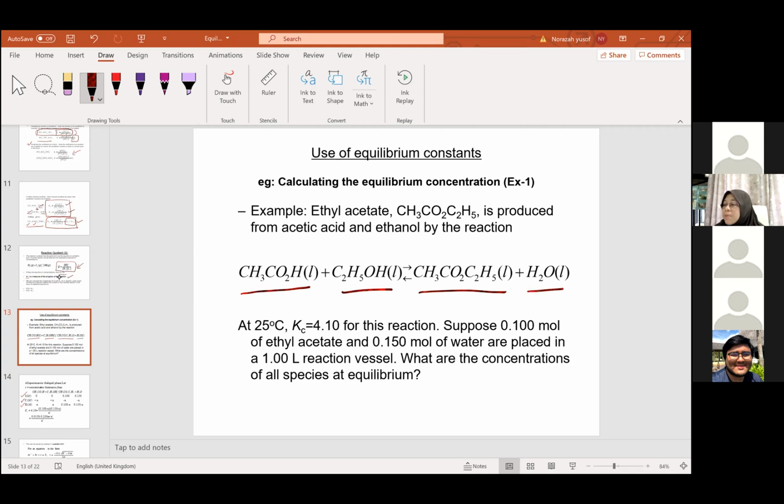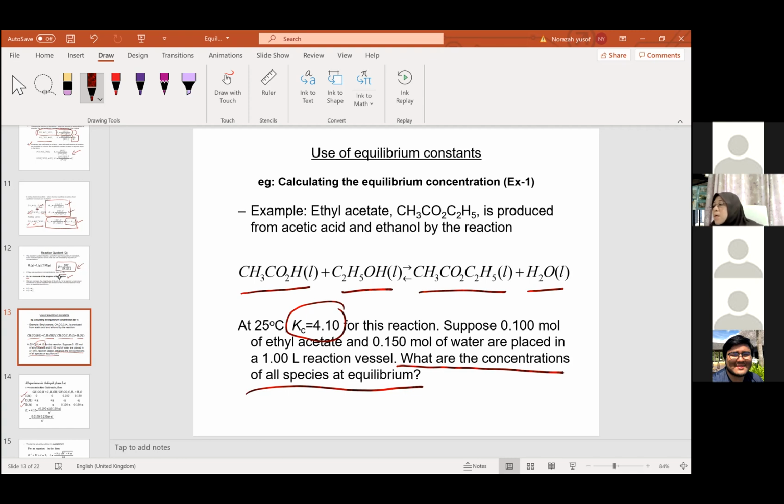So at 25 degrees, Kc is given to you for this reaction. Now suppose 0.1 mole of ethyl acetate and 0.15 mole of water are placed in a 1 liter reaction vessel. What are the concentrations of all species at equilibrium?